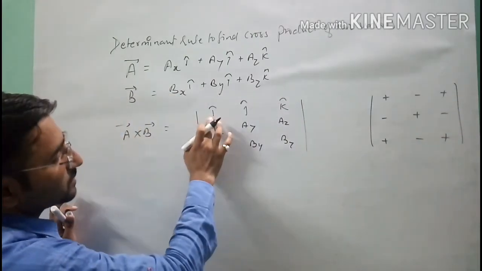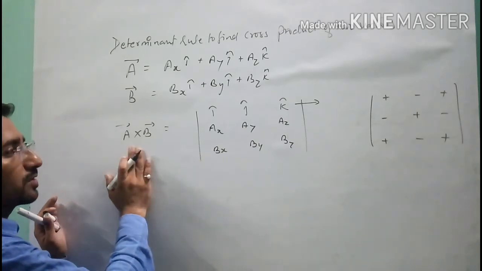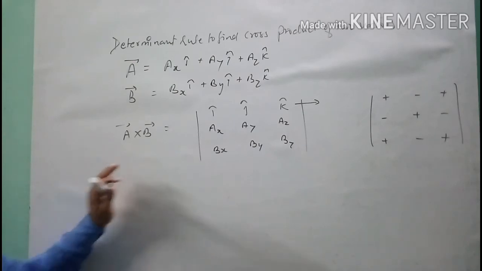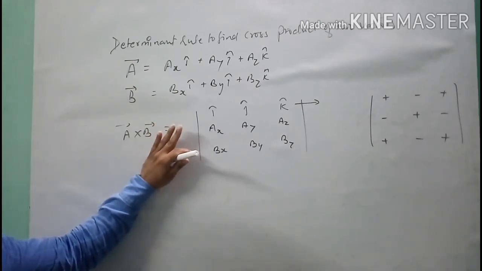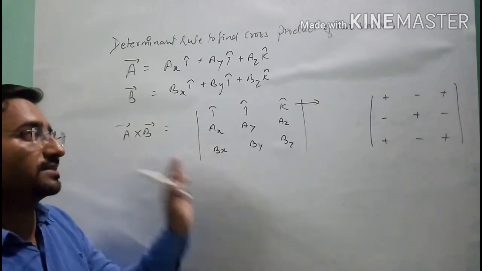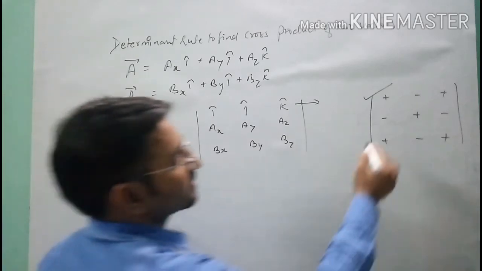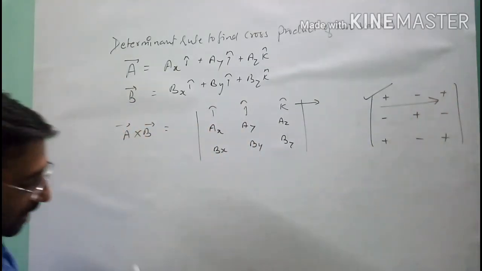When you expand this every time we find the cross product of two vectors, we will solve this determinant along R1, meaning we will always expand along the first row. So we will follow this property, plus minus plus type. Point is clear? So now see how we will solve.